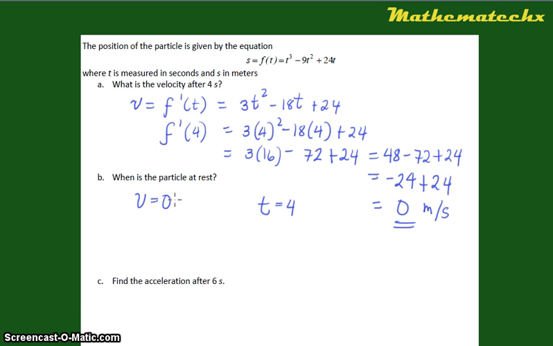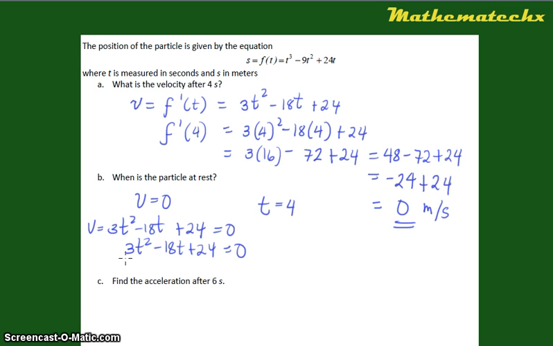When we want the velocity to be 0, we take the velocity function, 3t squared minus 18t plus 24, and we want this velocity to be equal to 0. So simply solve for the value of t from this quadratic equation: 3t squared minus 18t plus 24 equals 0.